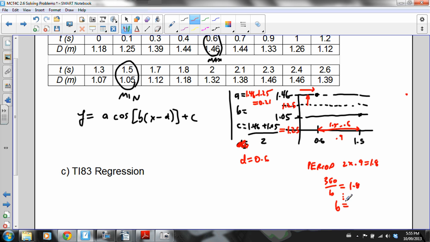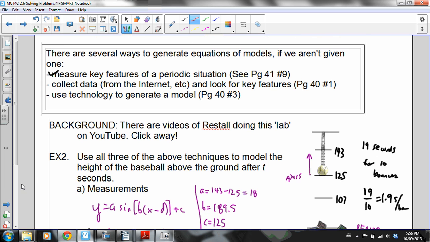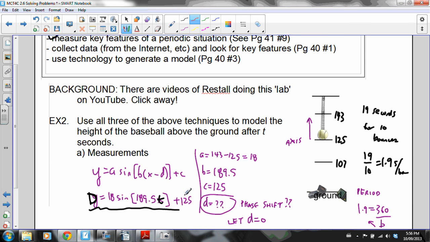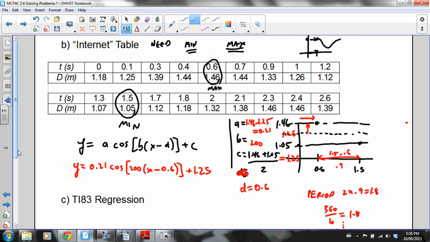B is about 200. And then I can write my function. And in this one, notice that everything's in meters. X is still in seconds, but the output Y, the distance, is in meters. And so it's pretty close to our earlier values that we just measured. That was 0.21. And even our B value was pretty close.